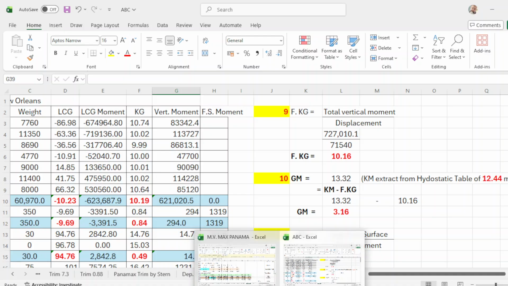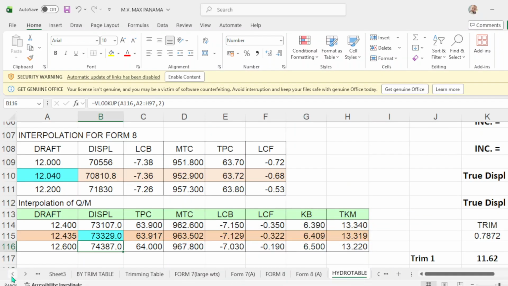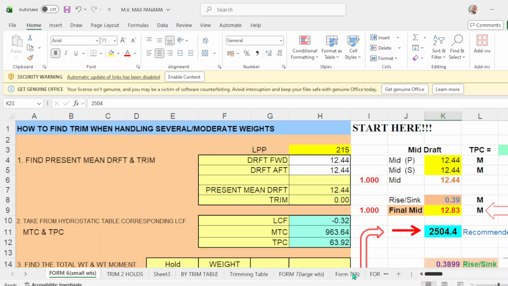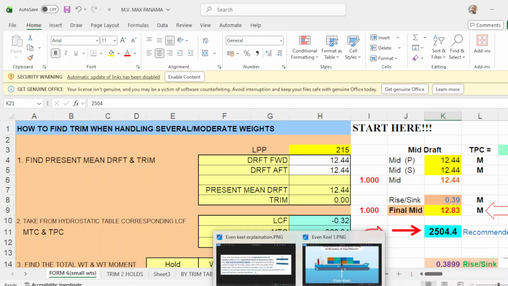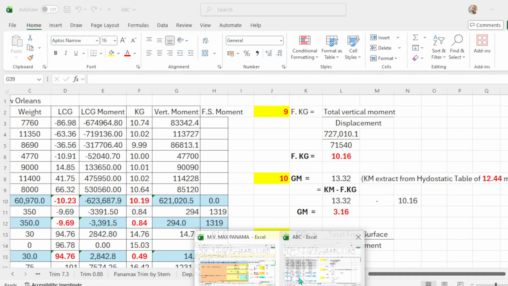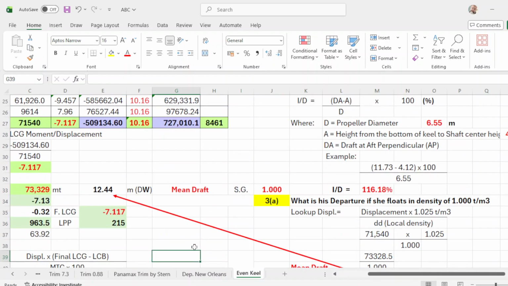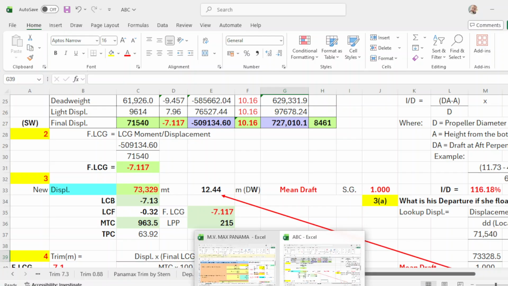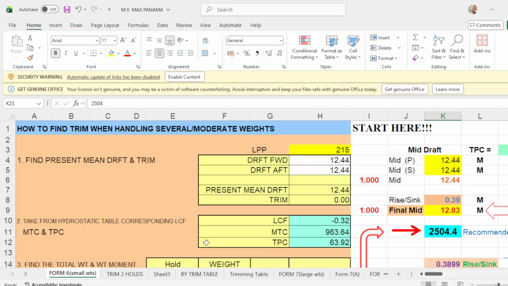So I go to the program. Our departure draft or the final draft, okay, is 12.44, okay? This will be your displacement. So with my program, this is another sequence guide. This is another subject matter.